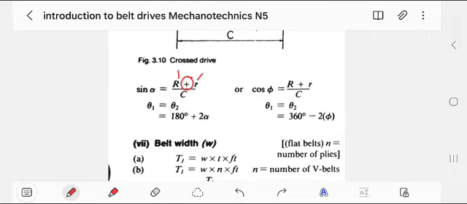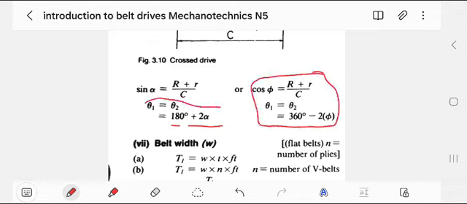So on the cross belt, theta 1 is equal to theta 2, which equals 180 degrees plus 2 alpha. This is the easiest way, simply go straight to your answer. The angle of contact is the same on each pulley.